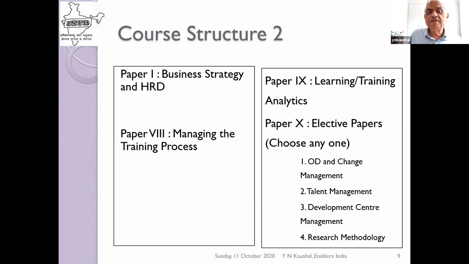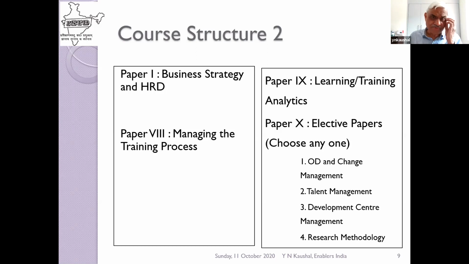So in paper 8, we are talking about managing the entire training process. This is typically for an L&D manager, or a GM HRD, to see that the entire training process is being managed very well. So the whole point of view of even the budgets, etc., how they have to be made.